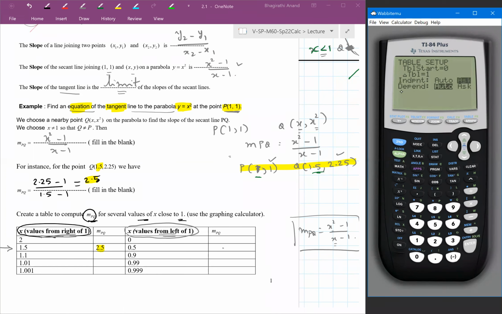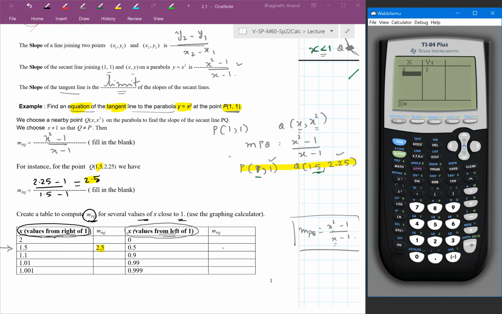Whatever value you input is going to give you the output. Input is the independent variable, output is the dependent variable. Now you go to the table, which is second followed by graph.